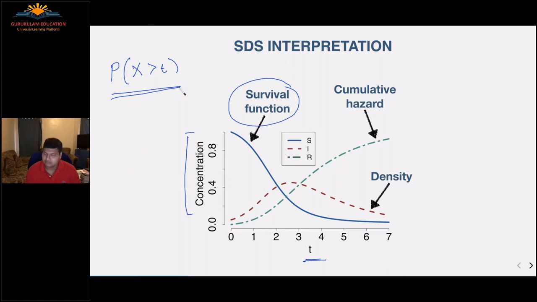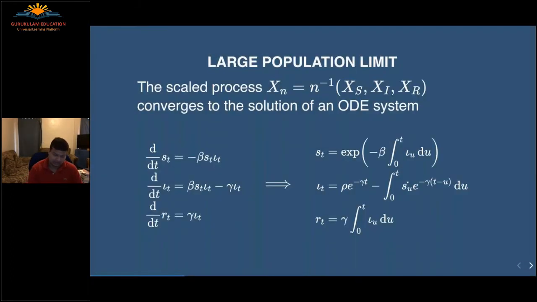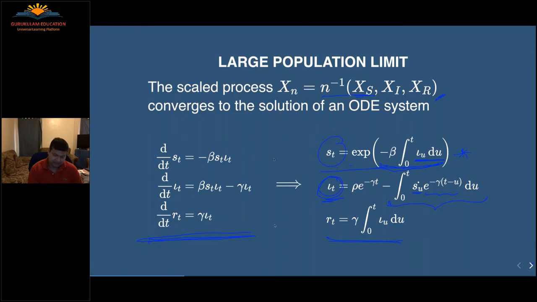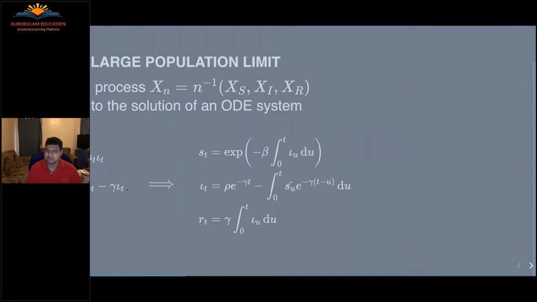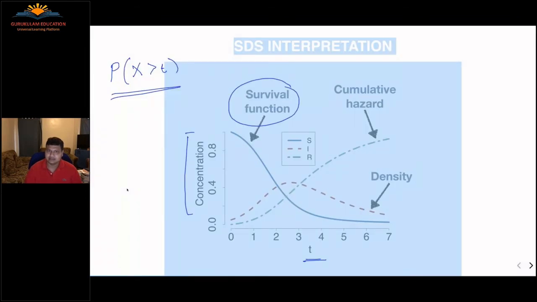The I curve is also describing a density, not just a count of infected individuals, and this is a cumulative hazard. So what you have just discovered is that the dynamical system that we were talking about actually also describes probability distributions.